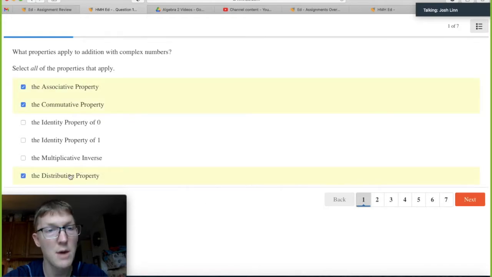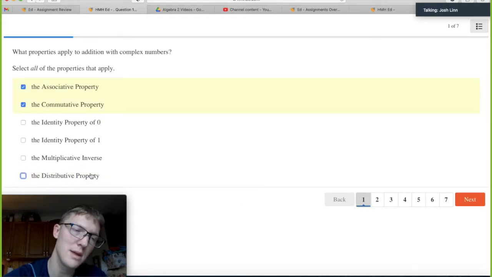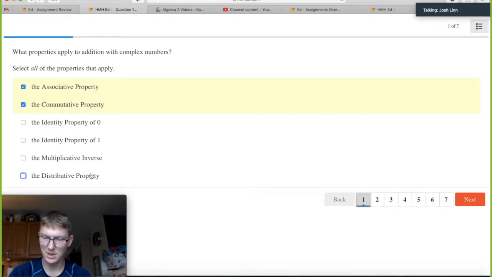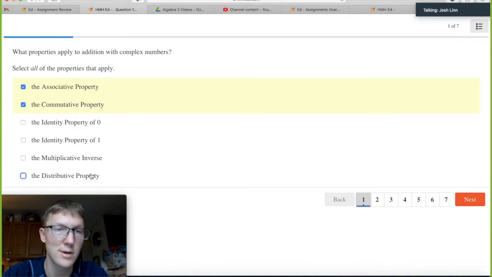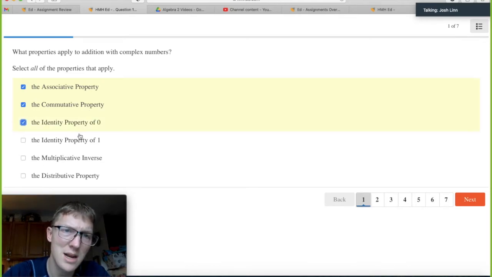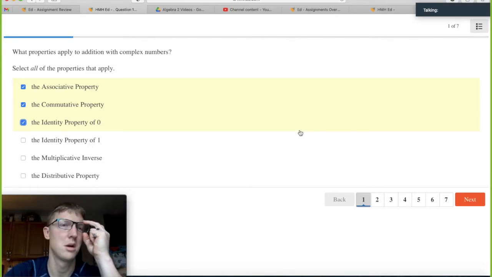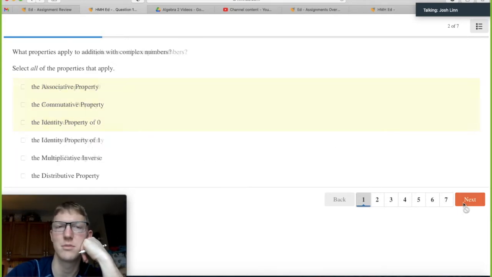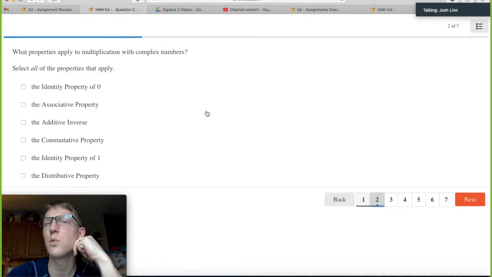So I will say the distributive property is only if you have something like 5 plus i plus something, you distribute that out. But that is not what they are talking about. The identity property of 0? I don't know about that one. I wouldn't worry about that one either. That's not going to be a big deal.